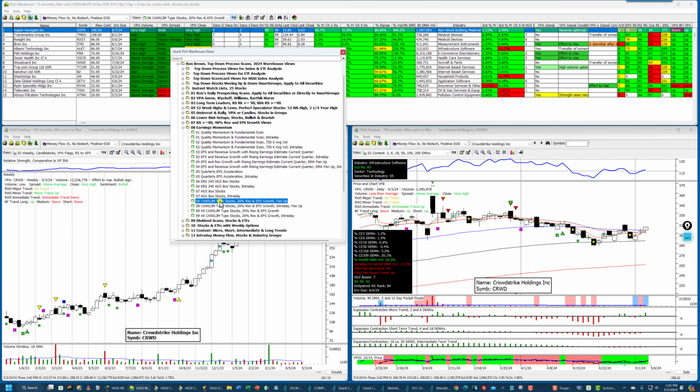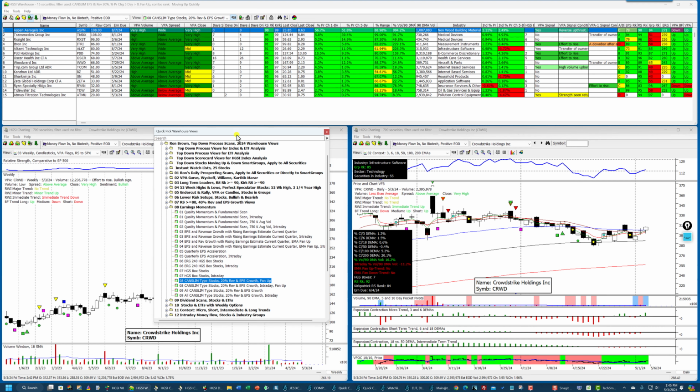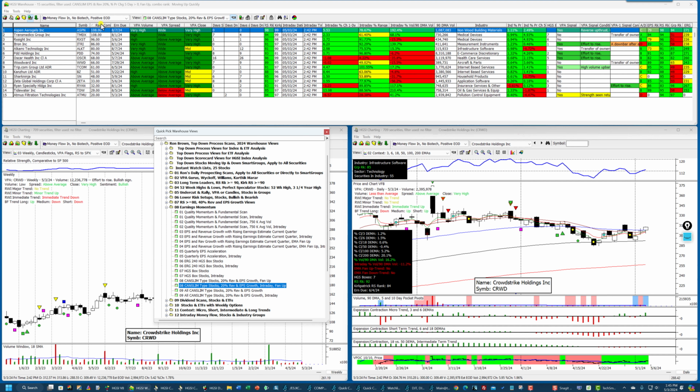And then these are CAN SLIM type stocks. 20% EPS and revenue growth with the fan up. There's only 15 that pass the requirement. Here's the intraday. How are they doing today?